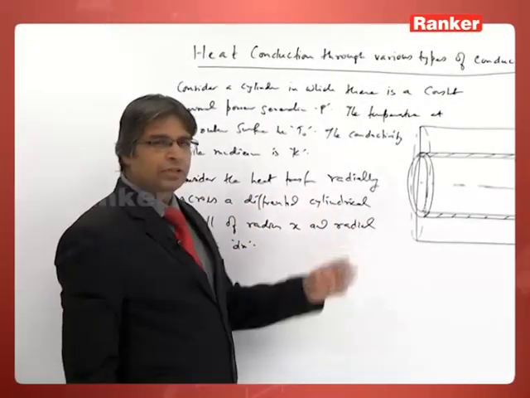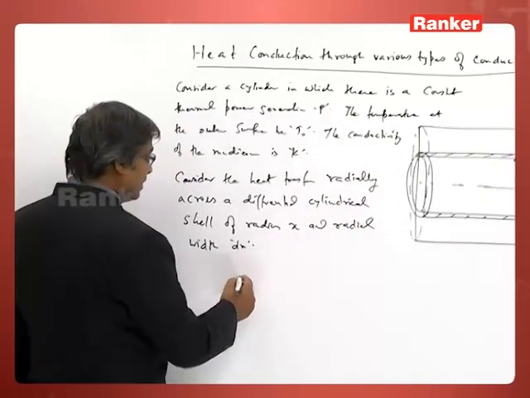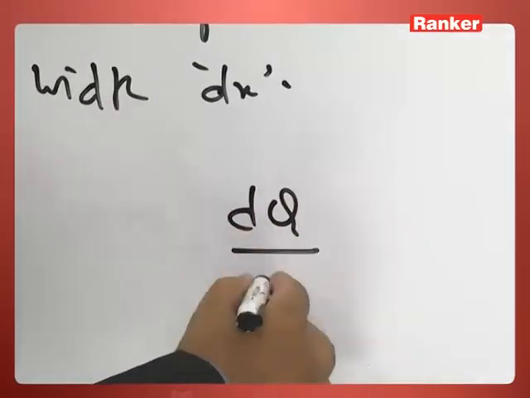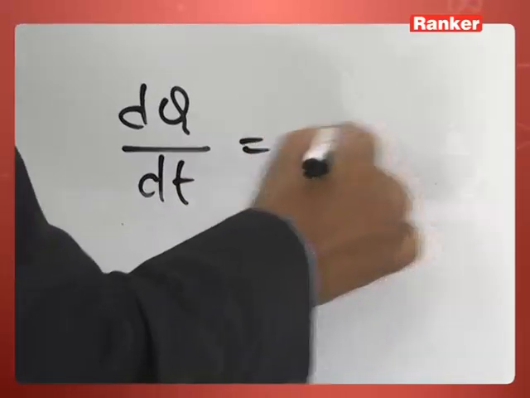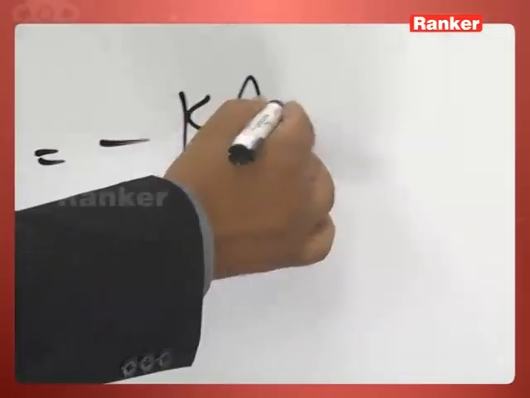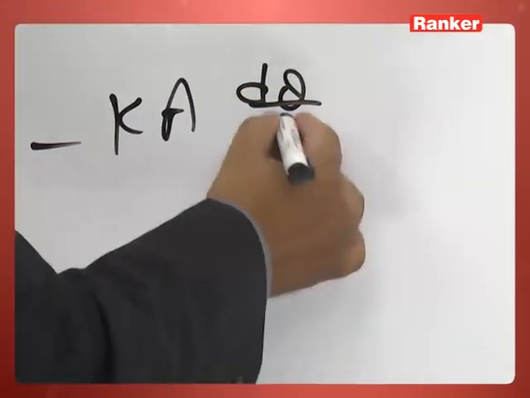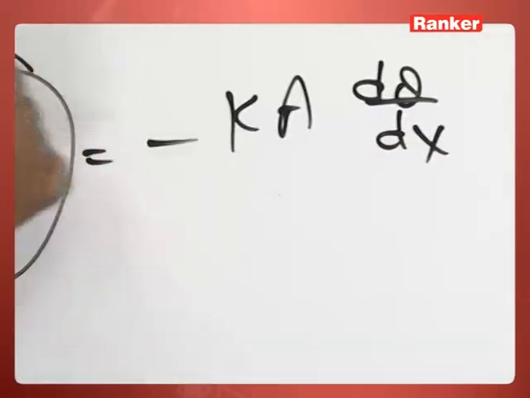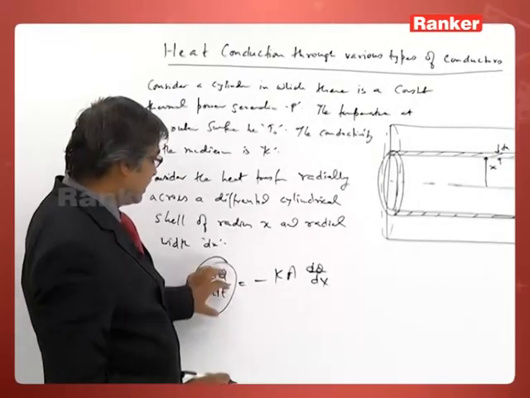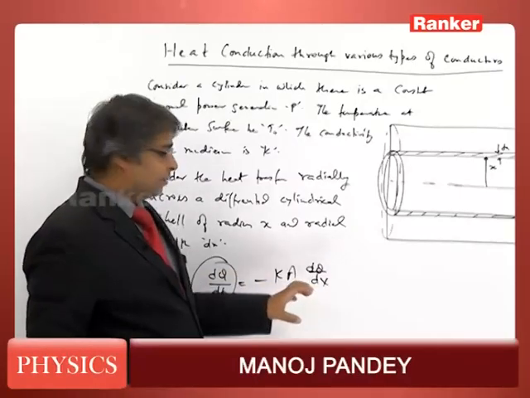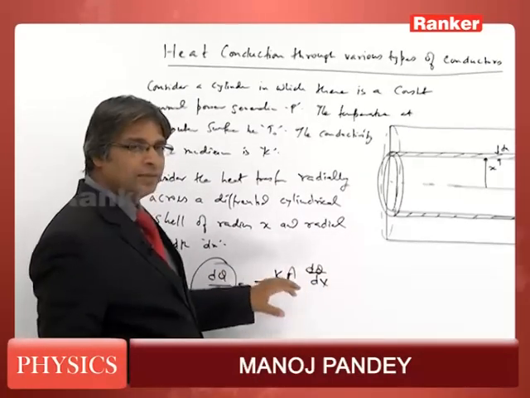So, we are again going to use our Fourier's expression, that is dq by dt is equal to minus Ka d theta by dx. dq by dt is the rate at which the heat is going to be transferred.